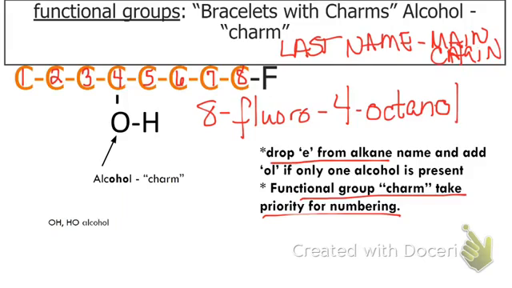So let's look at what we've done. We have given the last name to the main chain. We have numbered it by priority of the functional group, which is the alcohol. And now that we have our carbons numbered, we look at the charms, and we have to name the charms in alphabetical order.